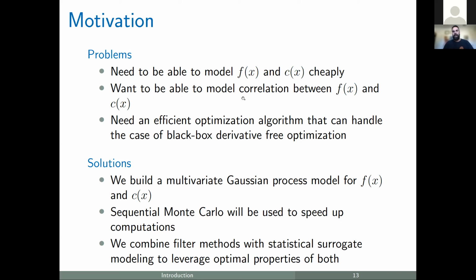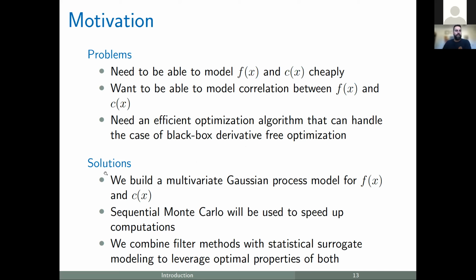We need a model that can handle correlation between the outputs of the computer model. There might be correlation between your objective function and your constraint functions, and we want to be able to model that. We're also going to need an efficient optimization algorithm, again because of the expensive nature. The other thing I didn't mention is that we're in the context of derivative-free optimization. So we have a system that doesn't give us any derivative information, and we can't leverage a lot of classical methods that are based on optimizing using derivatives.